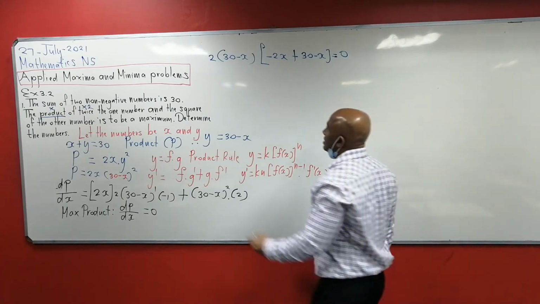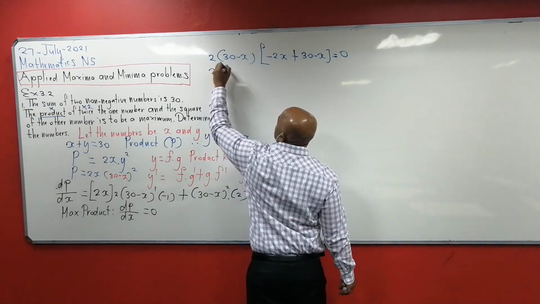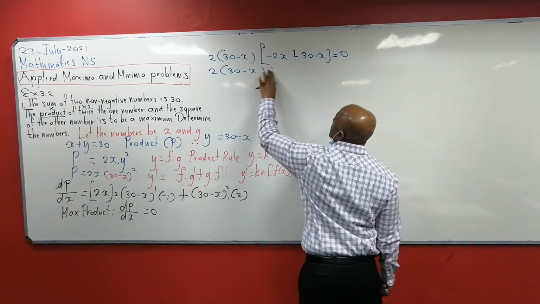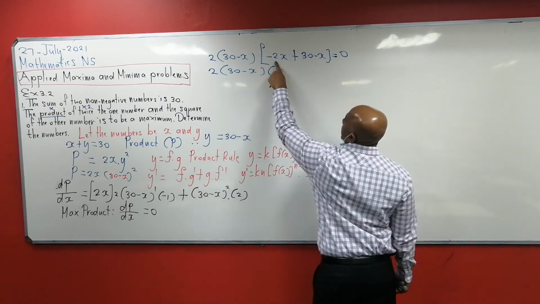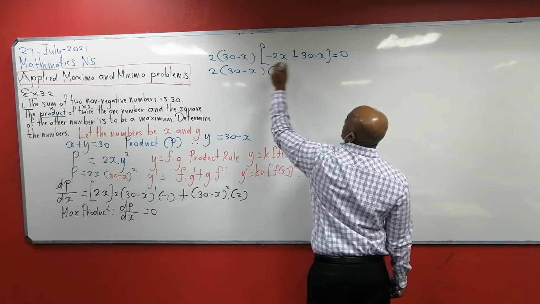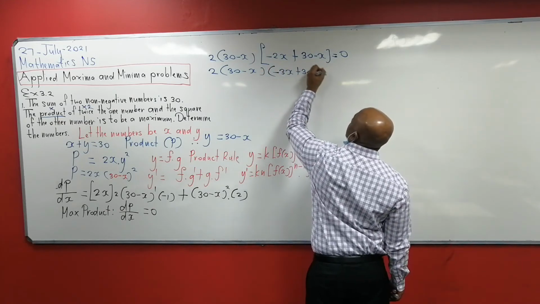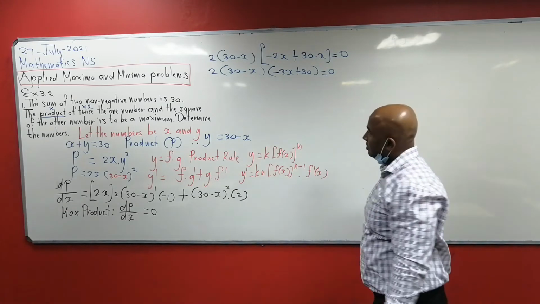Right, so now let's see what happens here. So I got 2 times 30 minus x, and I can simplify inside the brackets. So I've got minus 2x minus x, which is minus 3x plus 30 equals to 0.